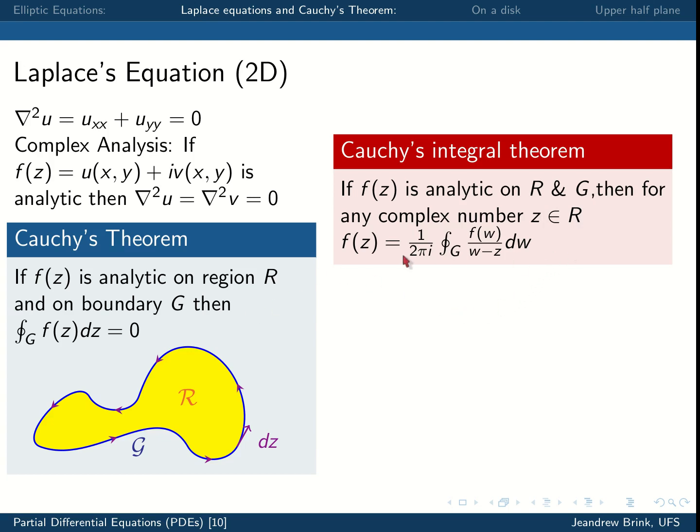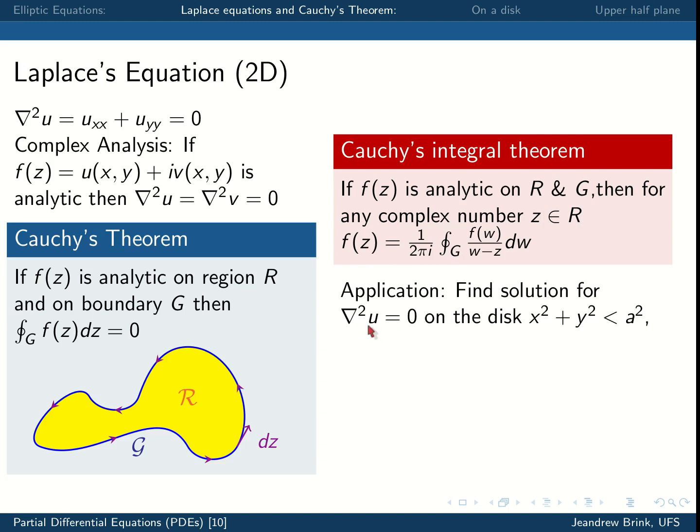I like it very much because it makes use of the full machinery we have from complex analysis to write down very elegant solutions. So the first place where we're going to apply this is to find a solution for Laplace's equation on a disk. In other words, on the region x squared plus y squared is less than a squared, if we are given the value of u on the boundary.